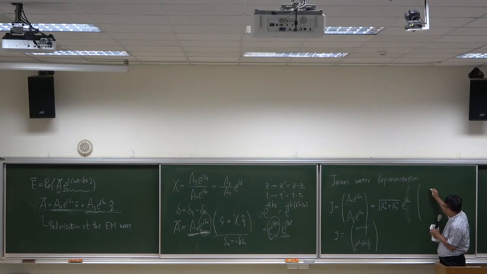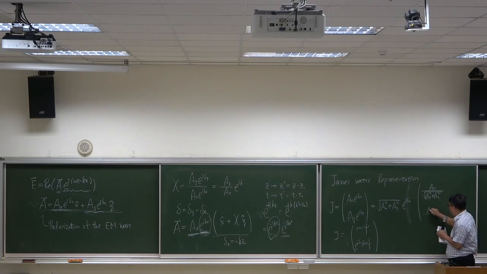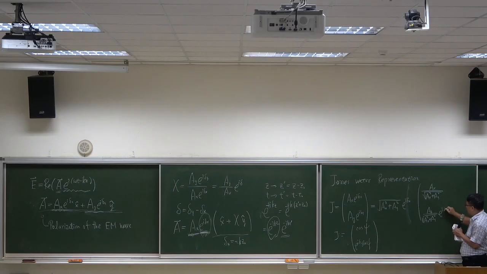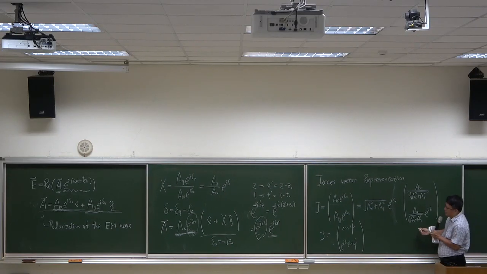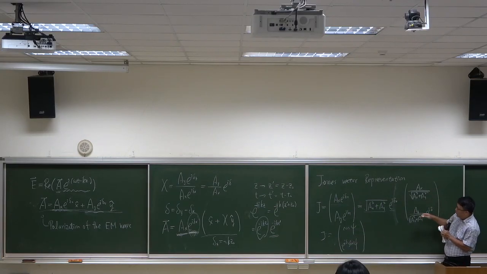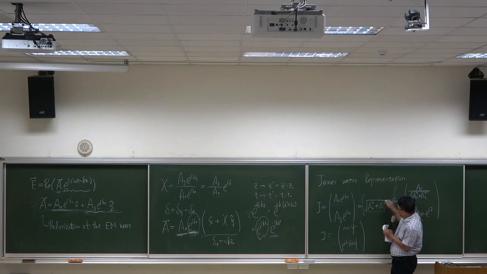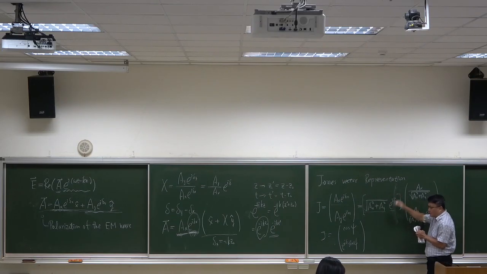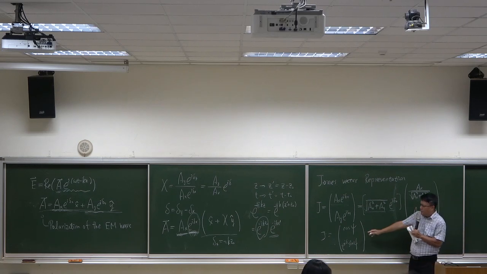Then we have A_x over the square root of this, and A_y over the square root of this, times exponential i delta. We can factor out this factor, and then we can just drop this factor to obtain this expression.